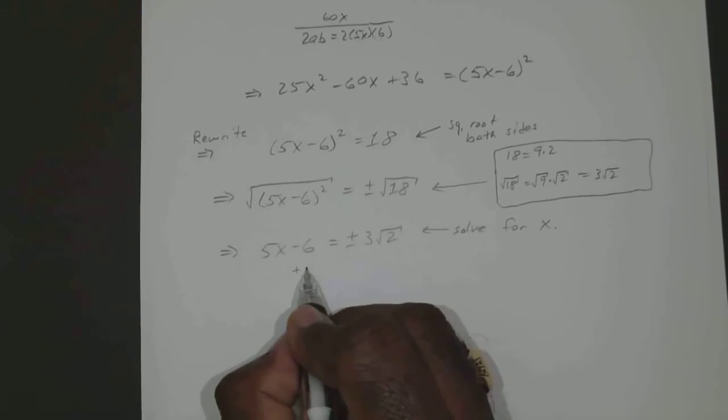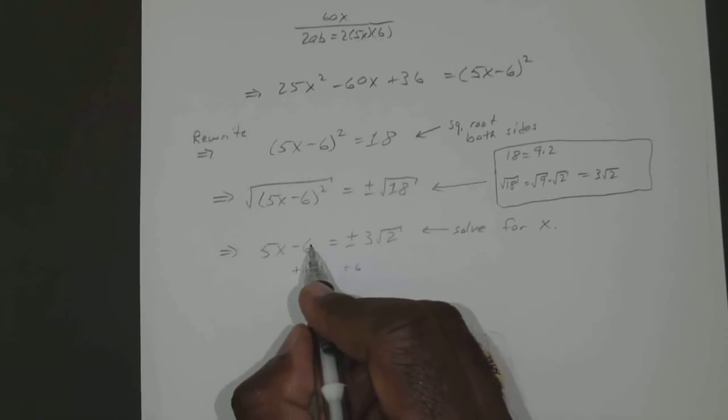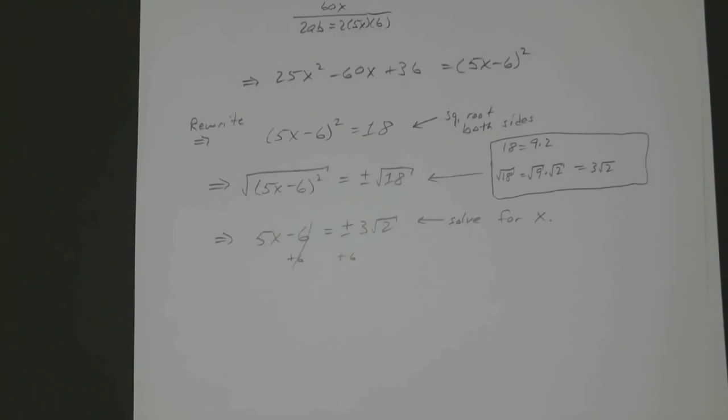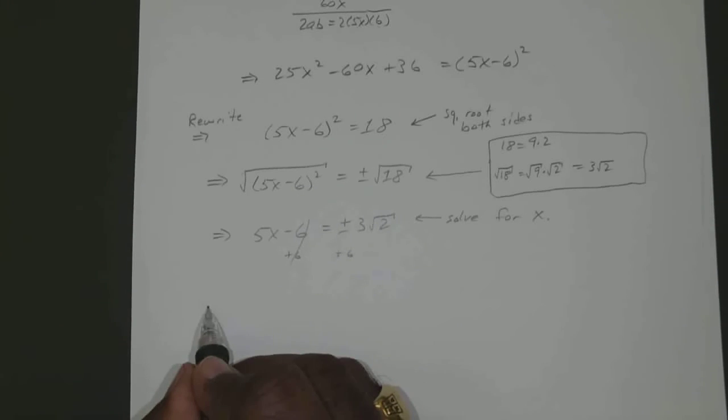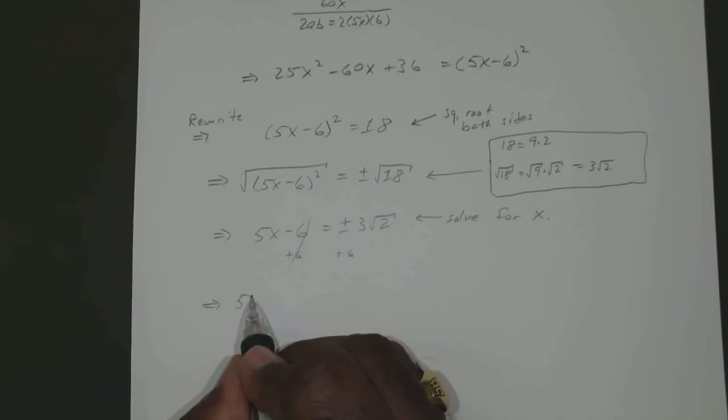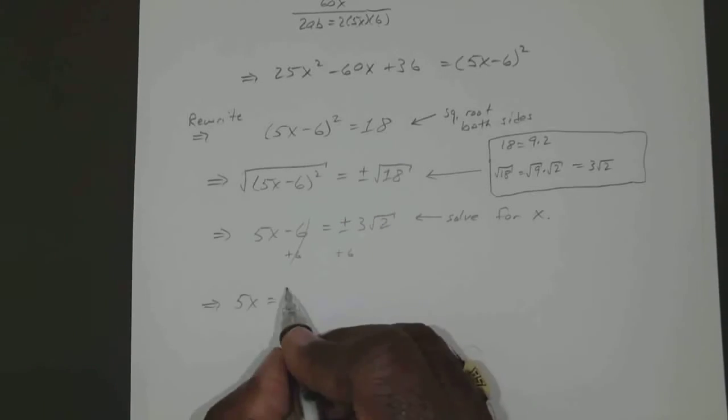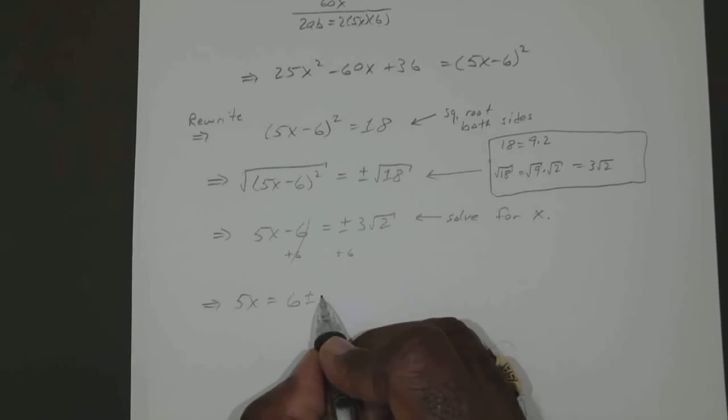Okay, so we add 6 to both sides, where the minus 6 and plus 6 cancel out. That gives us 5x equals 6 plus or minus 3 square root of 2.